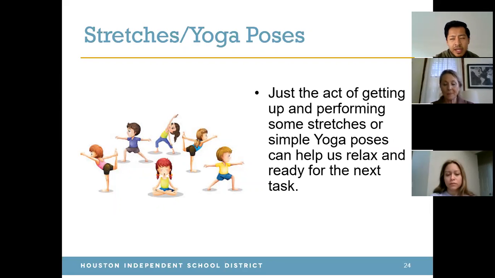I know that when I exercise, I don't necessarily do yoga, but after I'm done with the exercise, I feel a bit more relaxed, a bit more calm, a bit more focused, just more energy. So this is something that you can incorporate with your child, and that can help them to relax and then be ready for the next activity.